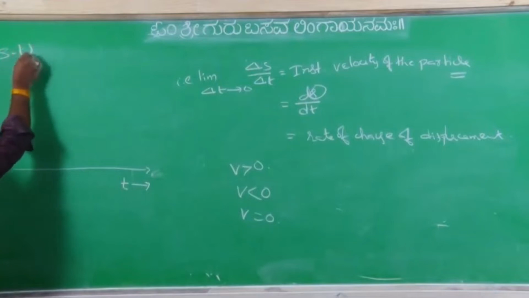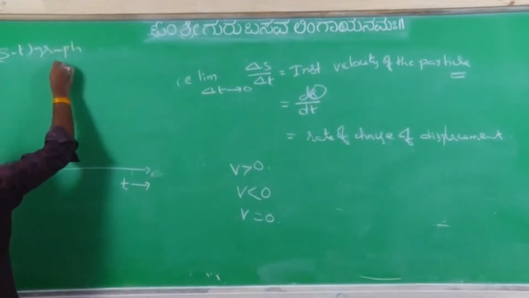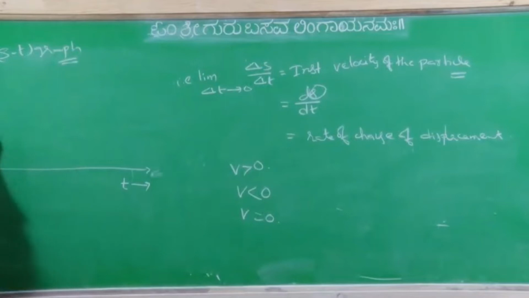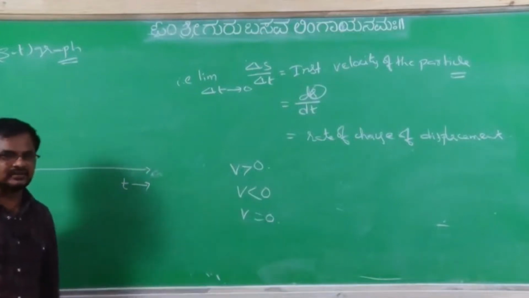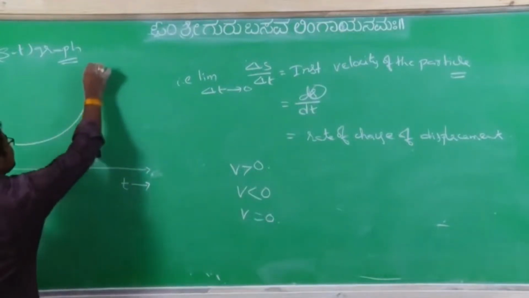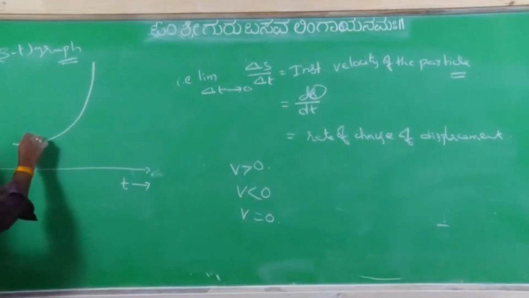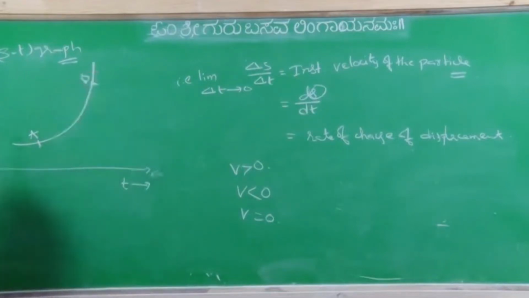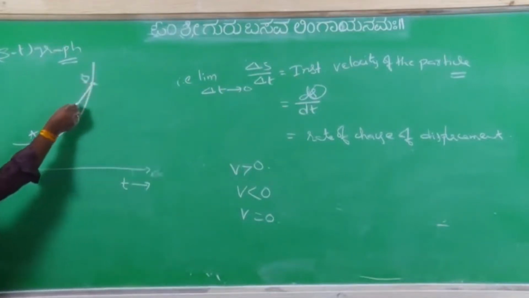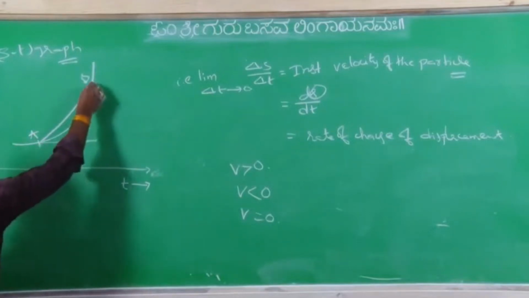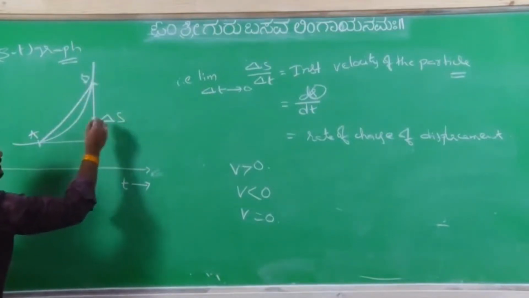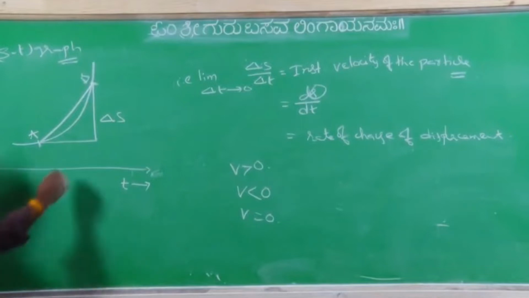Already you know which graph: the s-t graph, with displacement against time. So take this curve. Same here, I am taking A and here B. Join these two, same as the previous one. Now this is delta s and this is delta t.